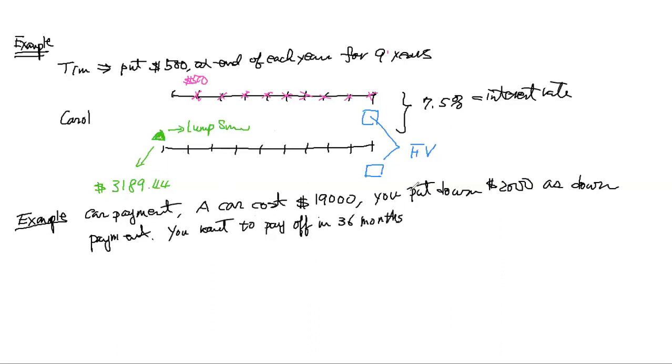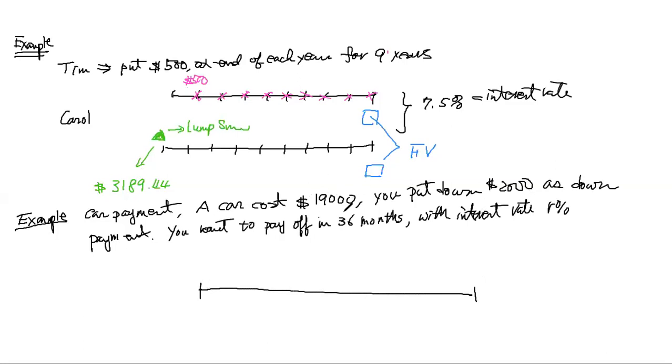And then with an interest rate of 6%, that's kind of high. Most car interest rates are about 3%, but that is fine, this is just an example. So what is your payment? The first thing here is 36 months, and at the end of each month you want to pay.